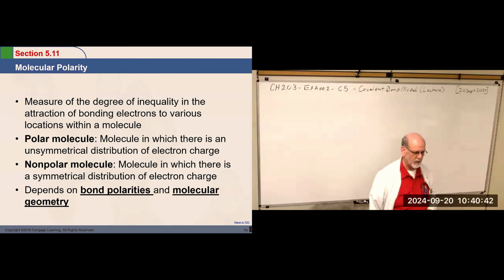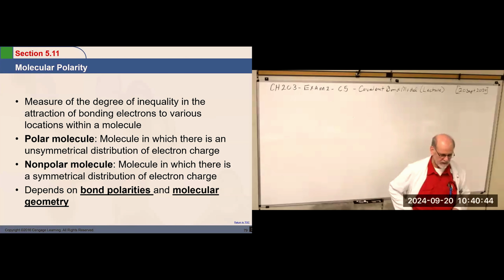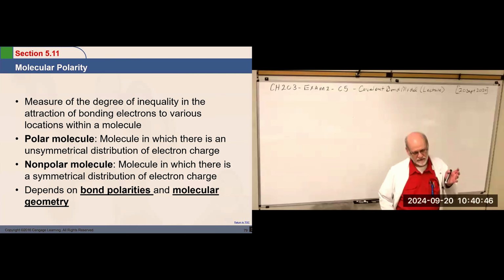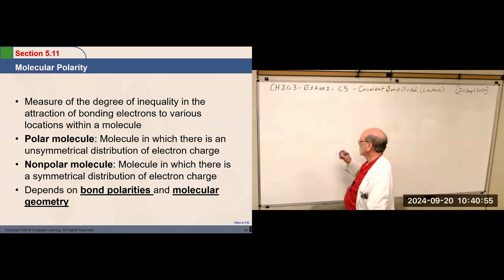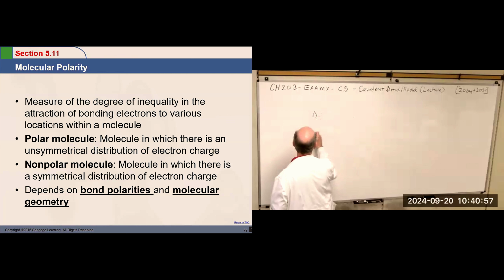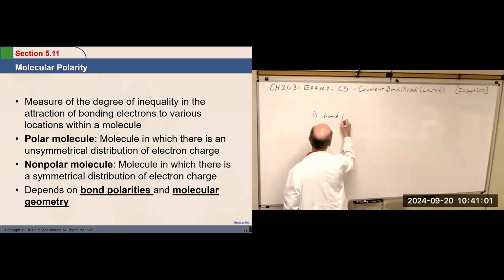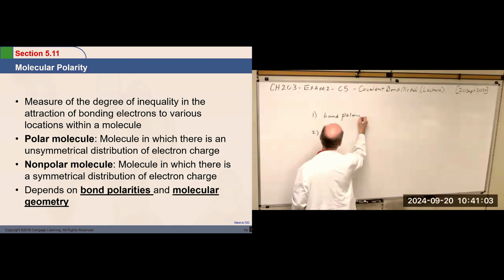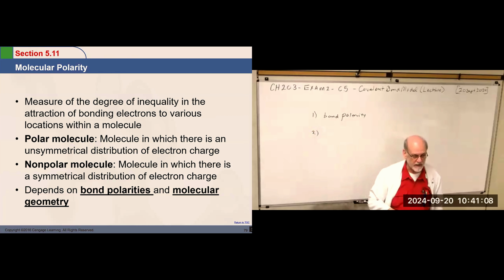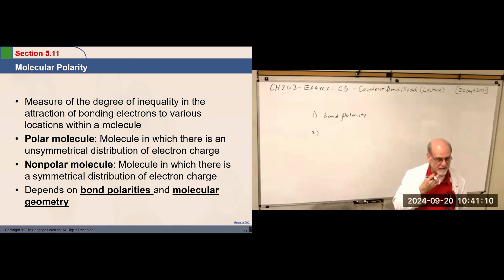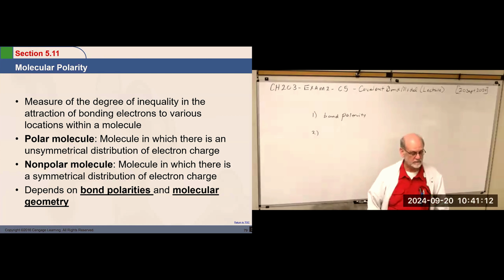Now, we've talked about polar bonds. How does that fit into the decision of whether a molecule is polar or not? You need to consider two things. What is bond polarity? Right? If you have a molecule that has nonpolar bonds in it, then the molecule is nonpolar.